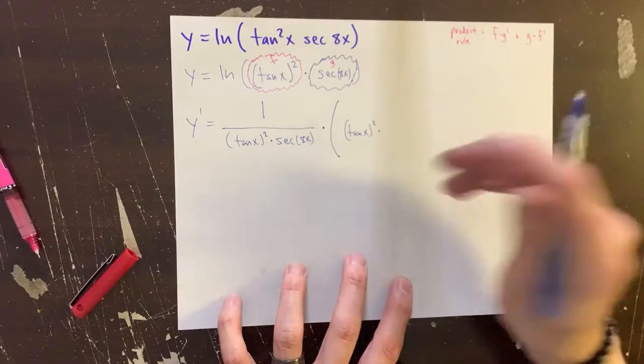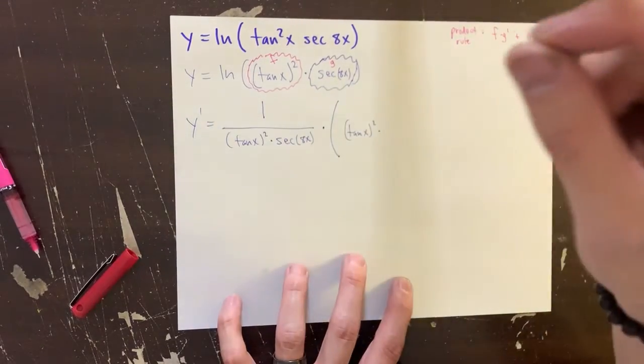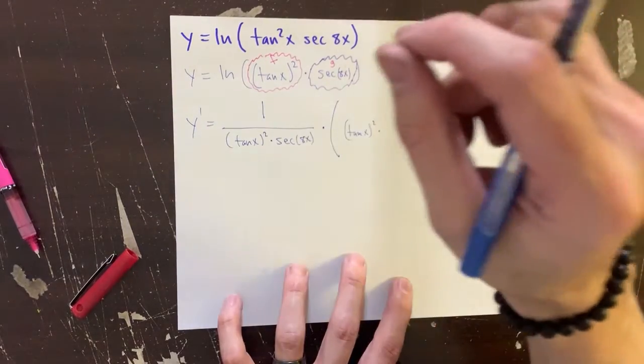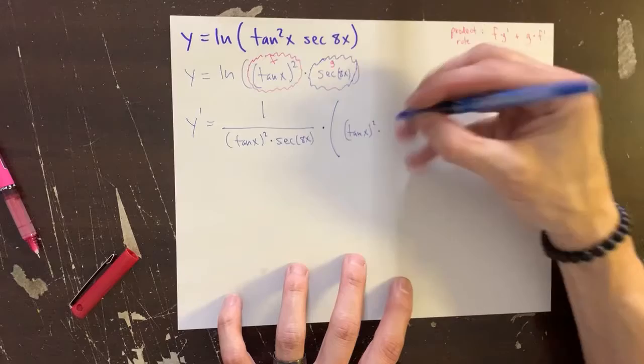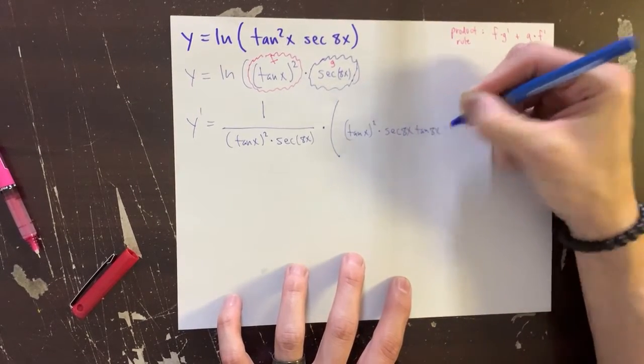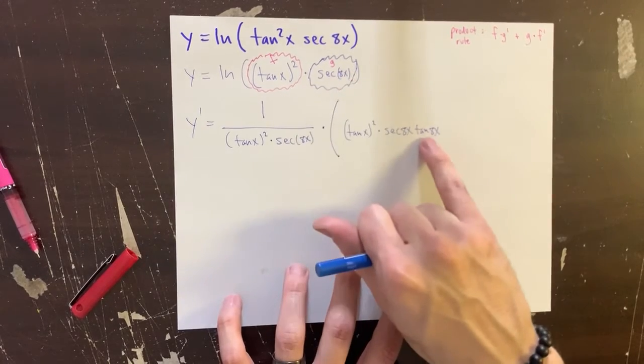So I ask you, what is the derivative of secant? The derivative of secant is secant tangent. So let me write that down. Secant tangent. But notice I didn't just write secant and tangent, right? It's secant of the thingy, tangent of the thingy.